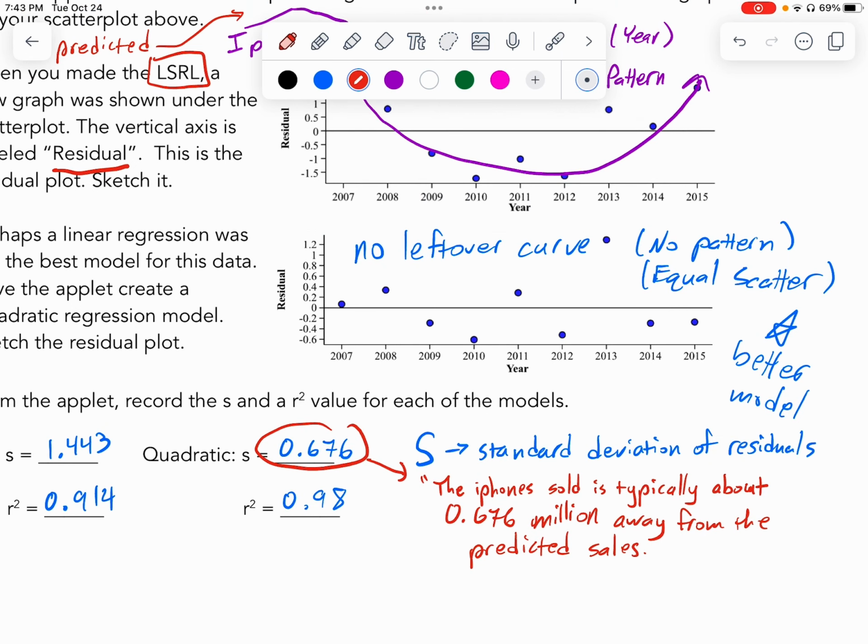Let me see if this helps. If I had a dot right here, that has a residual of 0, meaning the number of iPhones sold that year matched the prediction perfectly. And so this S is essentially giving me the standard deviation of the residuals. It's a deep thought, I guess.